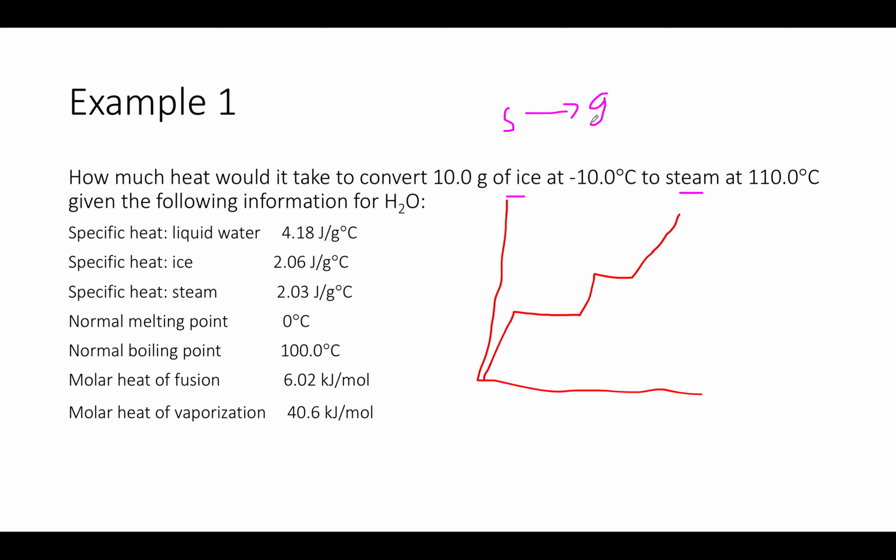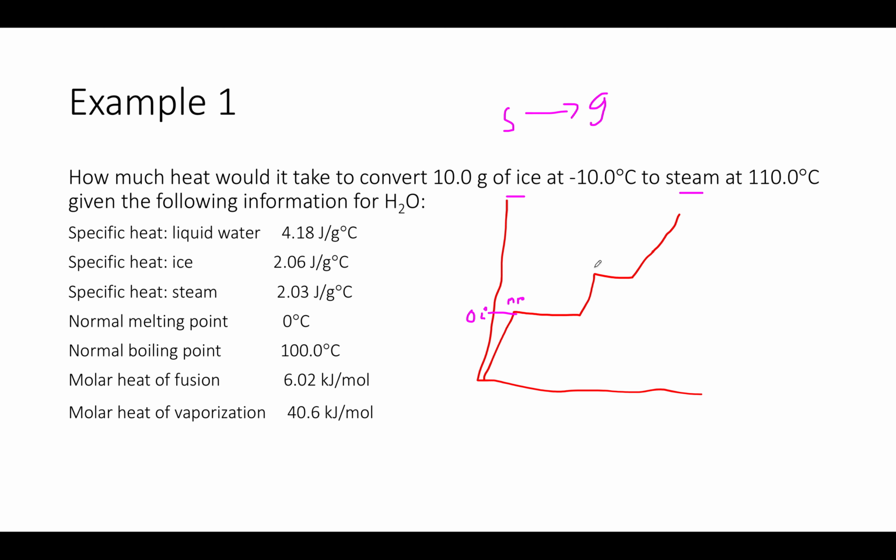So we're going to have 5 Qs. 1 Q here, 1 Q here, 1 Q here, 1 Q here, and 1 Q here. 5 Qs. Let's give them the information we're given. Well, I know that the boiling point of water occurs right here. The melting point of water occurs right here. And that's at 0 degrees Celsius.